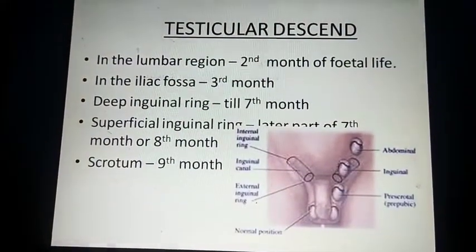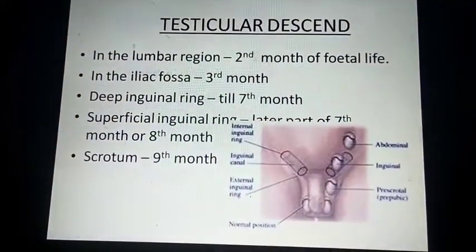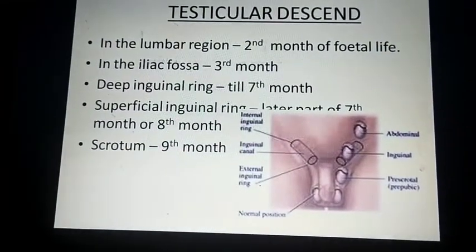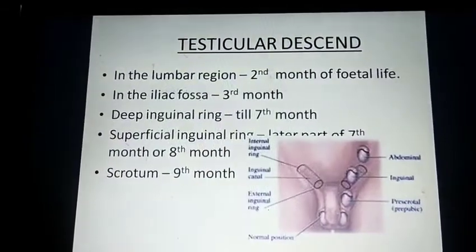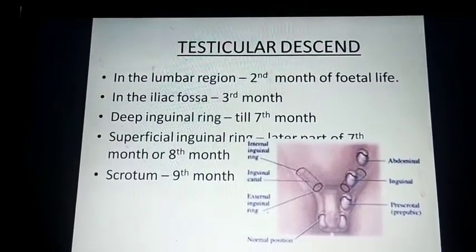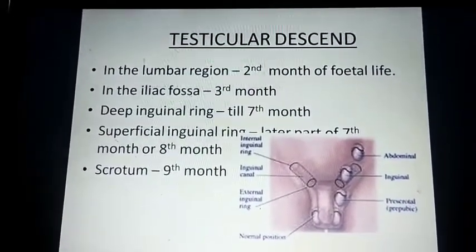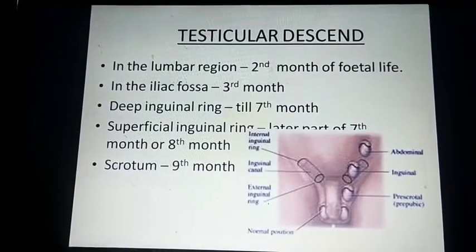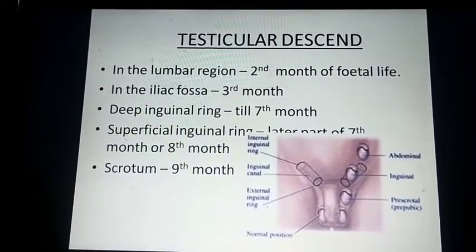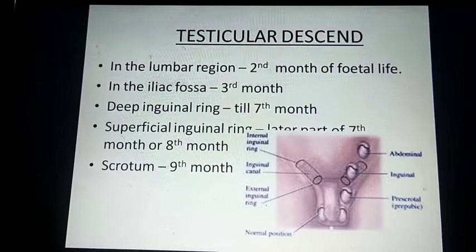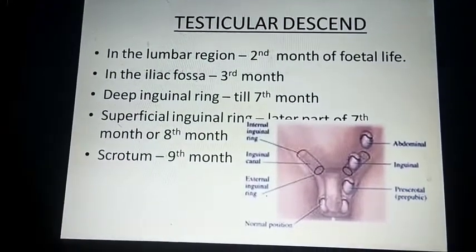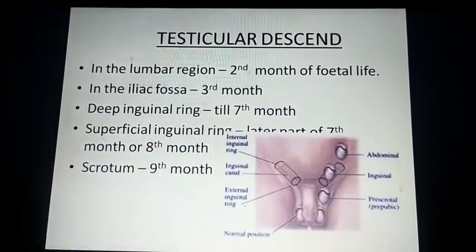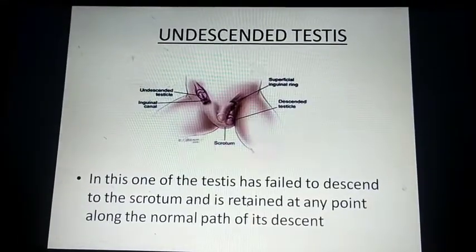This is the testicular descent. The testis is in the lumbar region at the 2nd month of fetal life, in the iliac fossa at the 3rd month, at the deep inguinal ring at the 7th month, at the superficial inguinal ring at the 7th and 8th month, and in the scrotum at the 9th month.